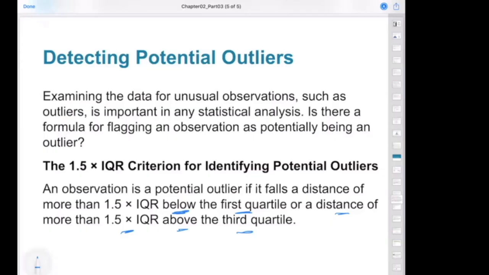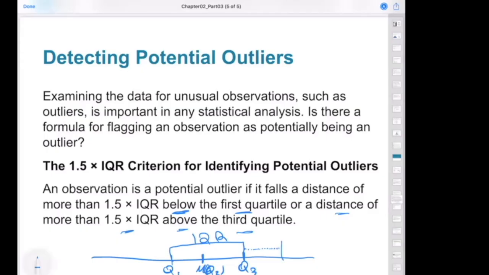Okay, so what does that mean? That means if you have a line like this, of course, the median here or second quartile, you have here the third quartile. Here you have the first quartile. Here you have the interquartile range. Now this is 1.5 times the interquartile range.